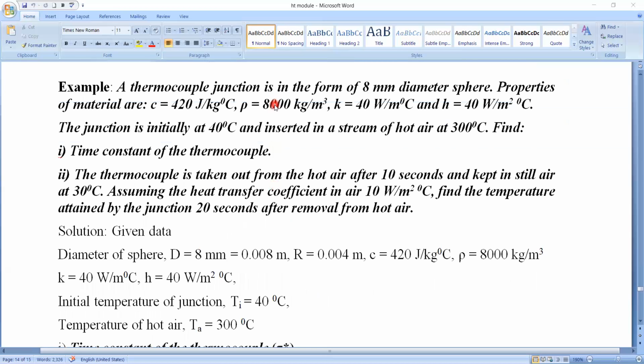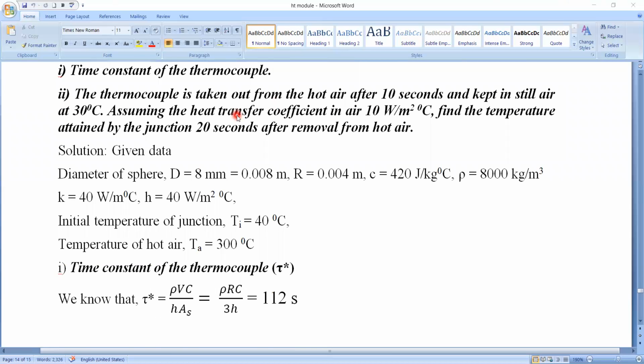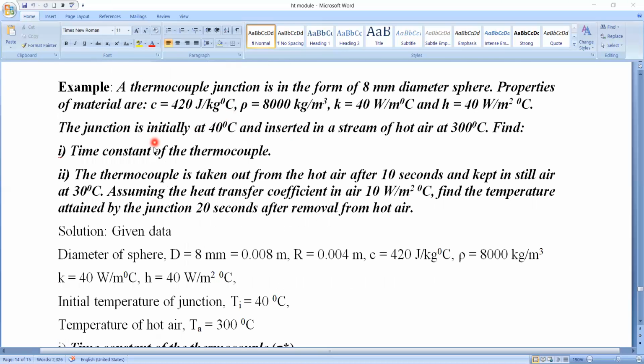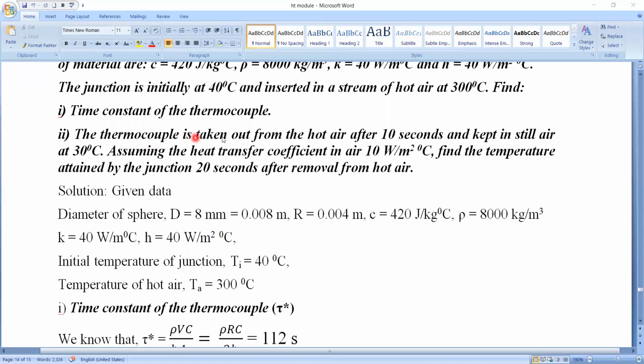Now in the second bit, we are asked to calculate for the case where the thermocouple is taken out from the hot air after 10 seconds. Initially, the thermocouple is at 40 degrees centigrade and suddenly it is exposed to the stream of hot air at 300 degrees centigrade for a period of 10 seconds.